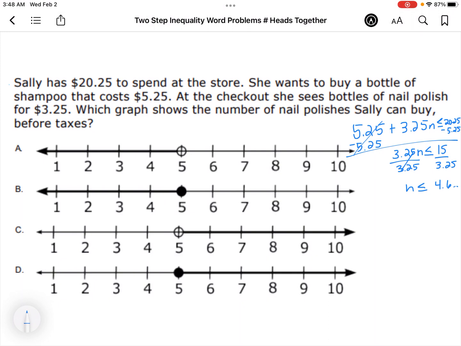Nope, I did it right. Well, I can't include the 5, and I've only got 5s as options. So it's going to have to be A, because it's not going to be able to include the 5. It's going to have to be N is less than 5.